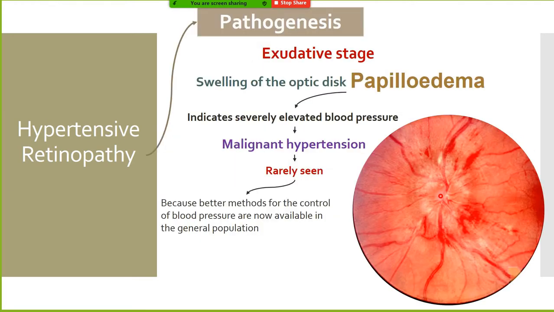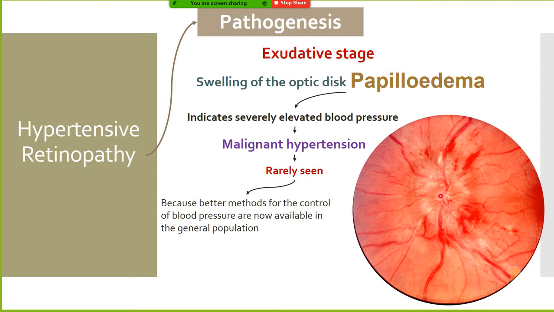Then, coming to pathogenesis, we have another finding called papilloedema, which is a swelling of the optic disc. It is called papilloedema because edema is swelling, and the disc has another name, papilla.